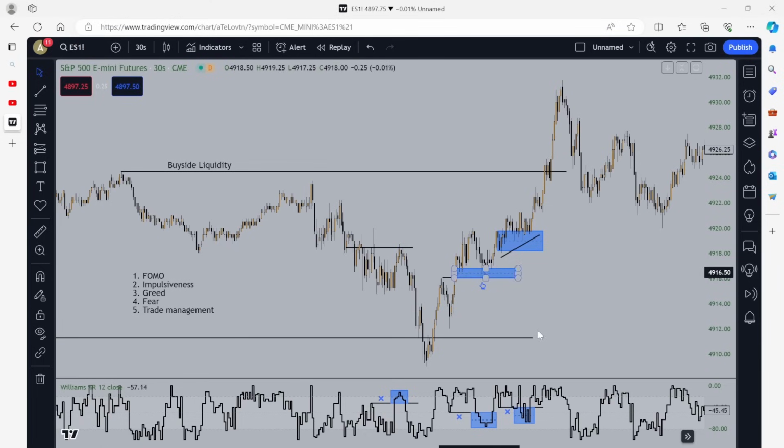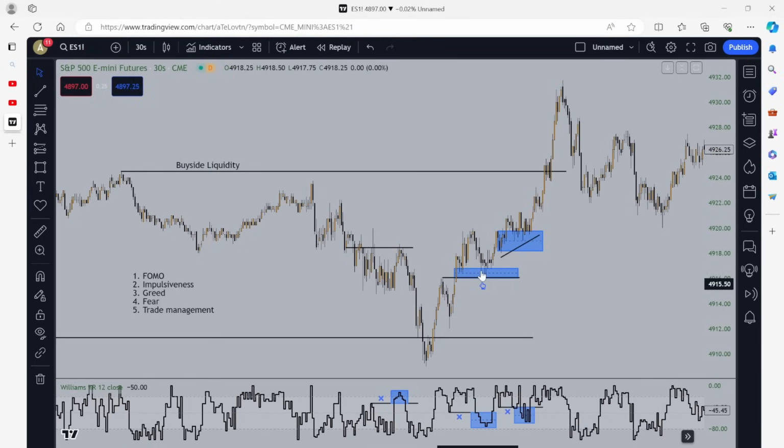And so if you guys have been following along, you know that we target internal liquidity here at Optimal Advance. So our entries are based off internal range liquidity, which is fair value, and then we target external range liquidity, which is equal highs or equal lows.